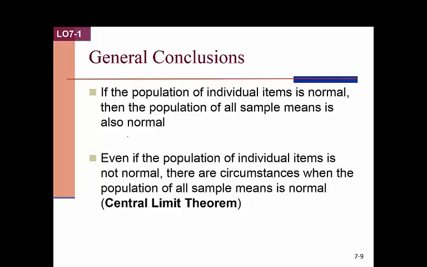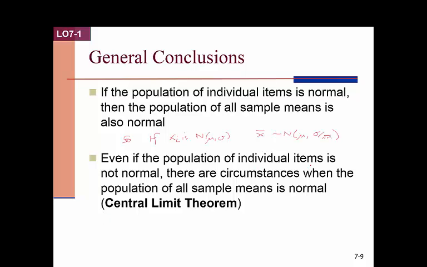So that means if xi is normal with mu and sigma, well, then x bar is also normal with mu and sigma over square root of n. But here's the more interesting part.